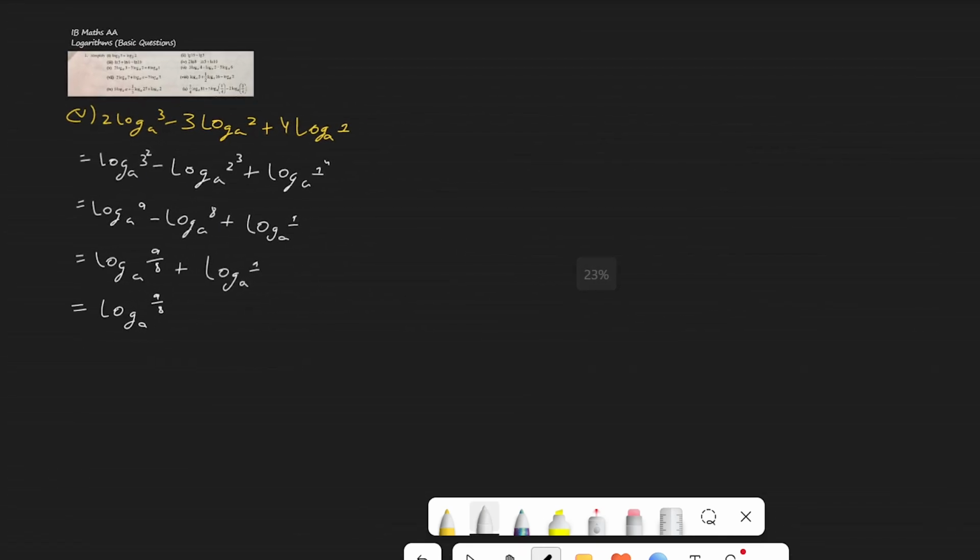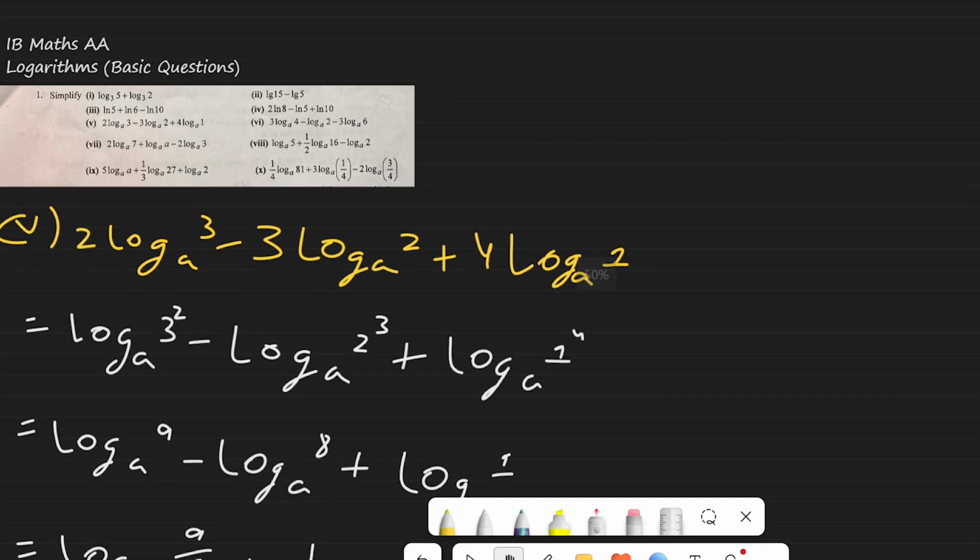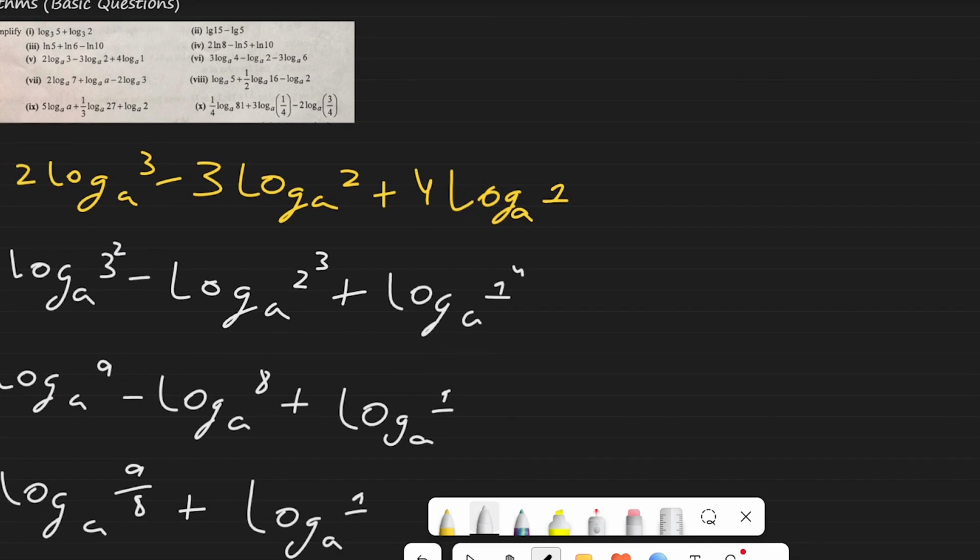Now let us do the 10th part. Usually what happens is the last part is the most challenging one, as a convention, it's not necessary.